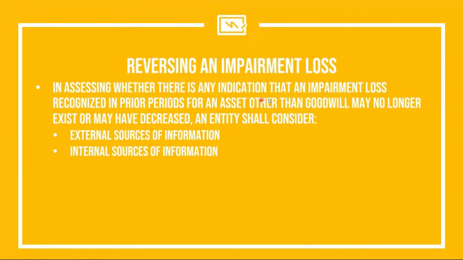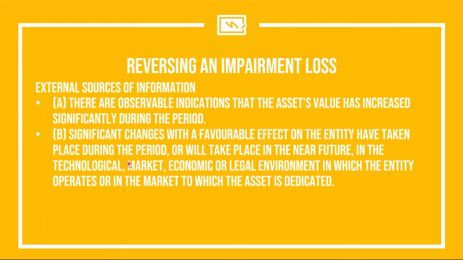In assessing whether there is any indication that an impairment loss recognized has actually reversed or has decreased, we need to consider again external and internal sources, similar to what we were doing in the previous topics. So, what are external sources of information that may be evidence of reversal of impairment? First, there are observable indications that the asset's value has increased significantly relative to the prior valuation. Letter B, significant changes with a favorable effect on the entity.